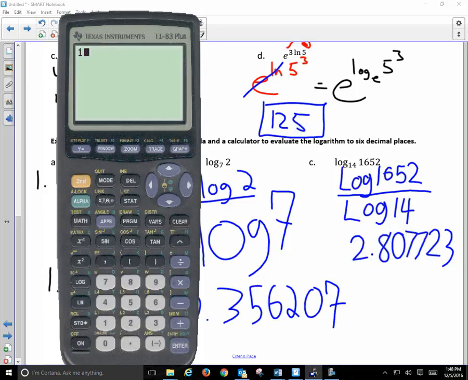Then I take 14 and raise it to the 2.807, and I get closer, but you get my point that by the time you get to 6 decimal places, 2.807723, that's a nicer answer. So that's why 6 decimal places is a better result when you're dealing with exponential and logarithmic functions.